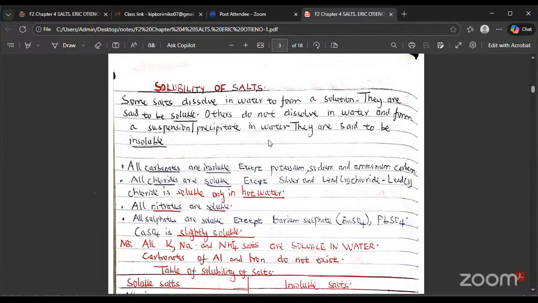Solubility of salts. In solubility of salts, there are 2 things that are very essential. We have the types of salts that we are going to handle. We only handle 4 in this case. But when you talk about solubility of salts, there's something I'll touch on below: when they dissolve and form solutions.